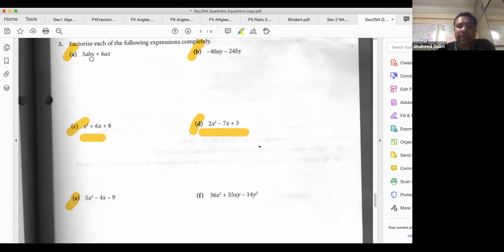This one now got no x square, so cannot. It must be x square, x and number, then can. Or y square, y, then number, then can. So it must be in this form, must have three of these. Unless we have like just now, x plus 2, x minus 2, the one that's first and last possible, but very rare. That one is very rare.